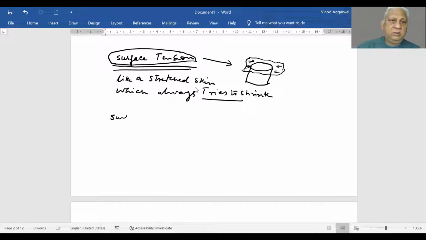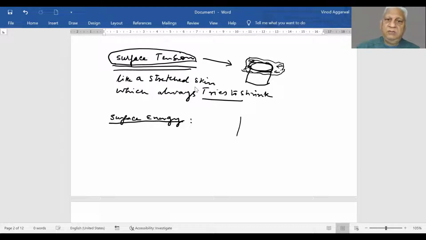Another term is called surface energy. When you're stretching a membrane over this glass, this tumbler, you require certain energy. Certain energy is created to stretch a membrane over this glass.